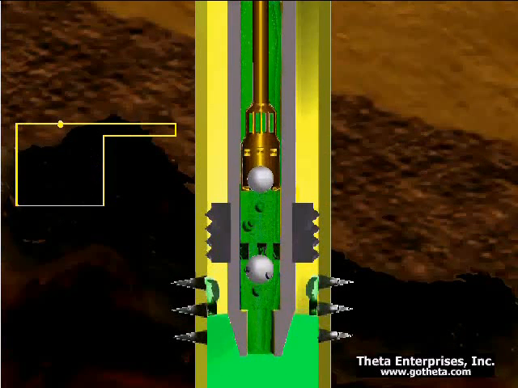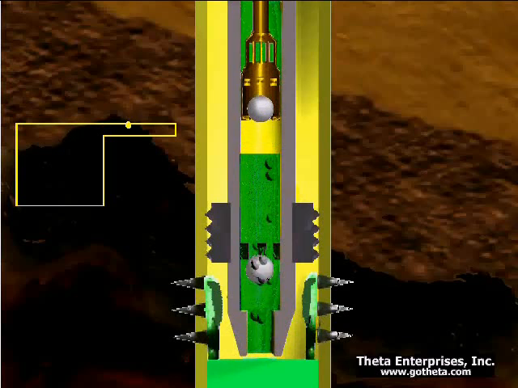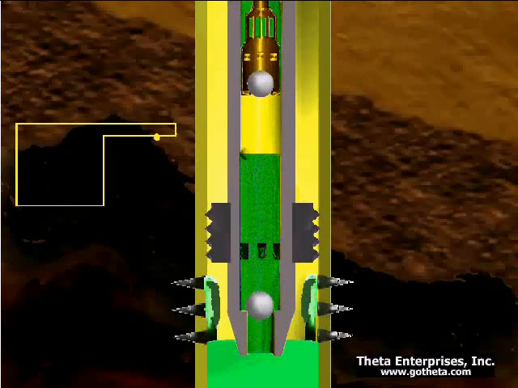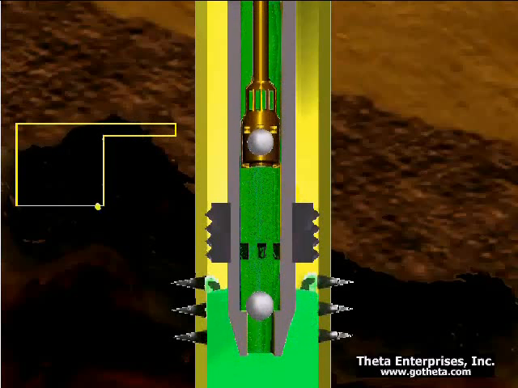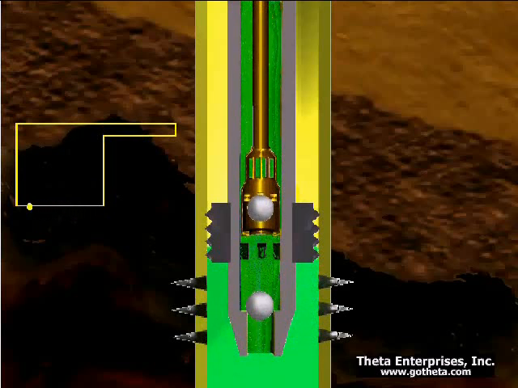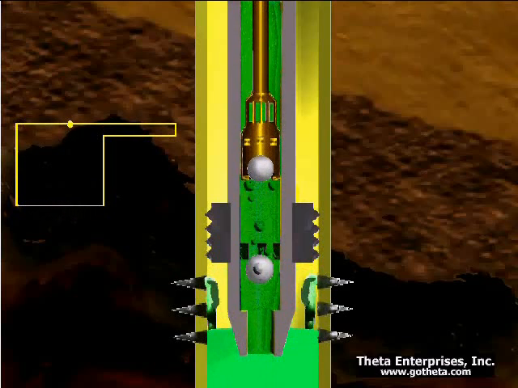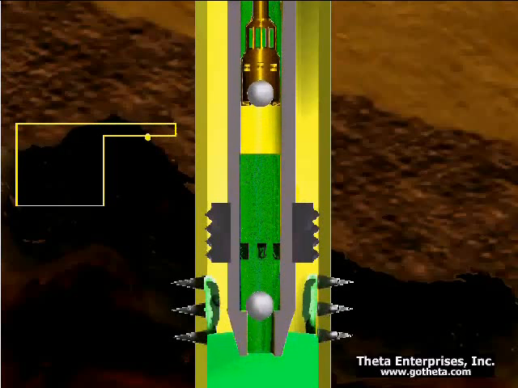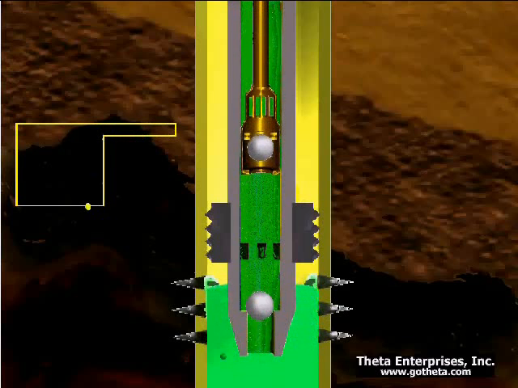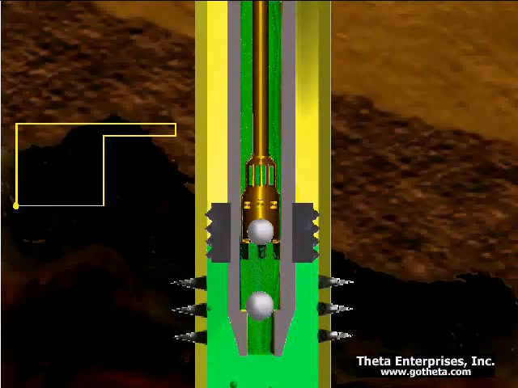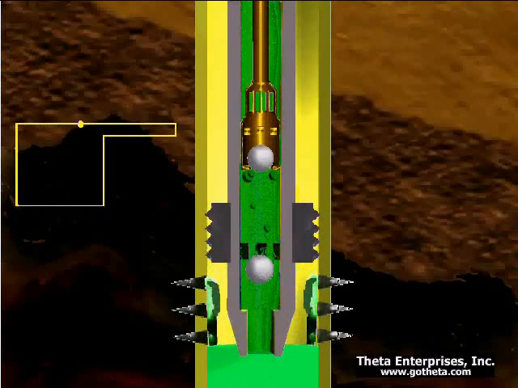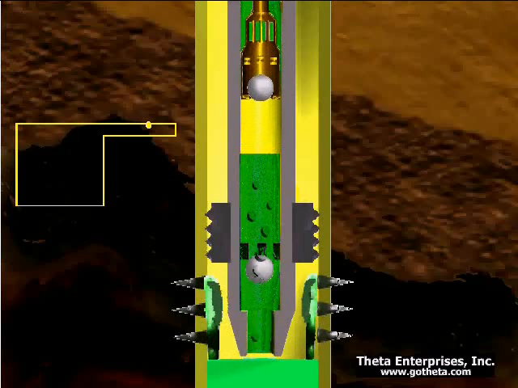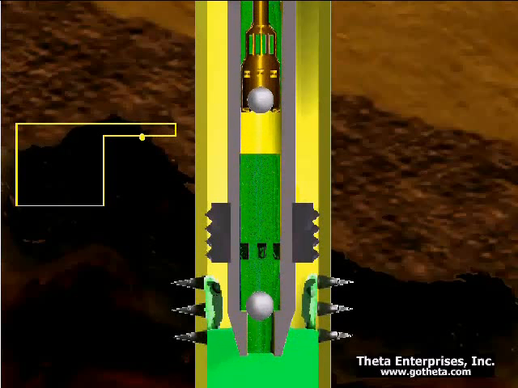This animation clearly shows that. Therefore, the pump is only partially full. Then, of course, when the plunger comes down, it comes down with considerable speed, especially when it happens in the middle of the downstroke. Fluid pound is worse when it happens in the middle of the downstroke because that's when the plunger is moving the fastest.